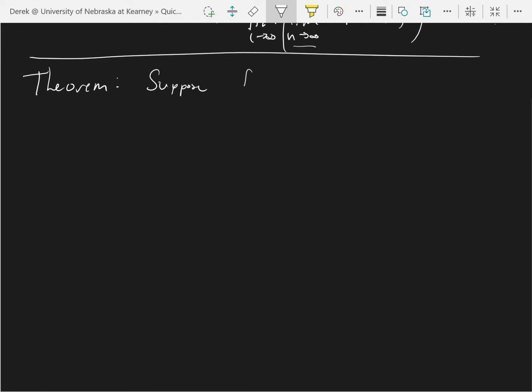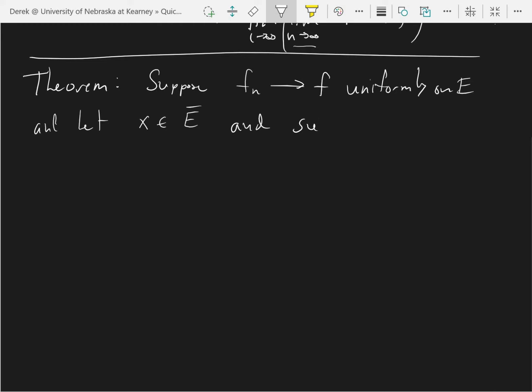Suppose f sub n goes to f uniformly on E, and let x be a limit point of E, so it'd be in E closure, and suppose the limit as t goes to x of f sub n of t equals a sub n for each n.